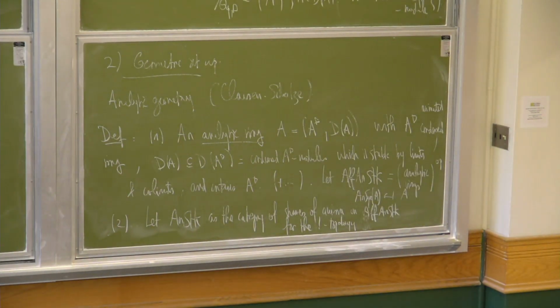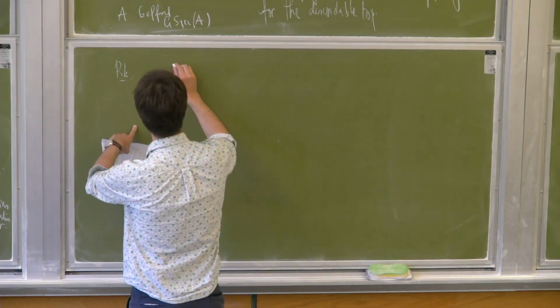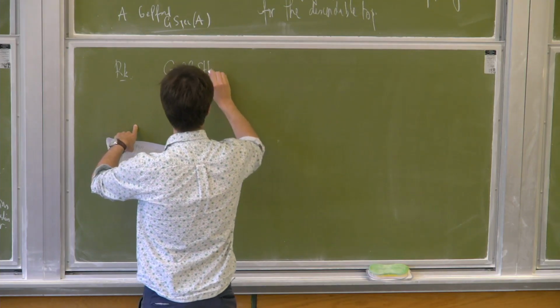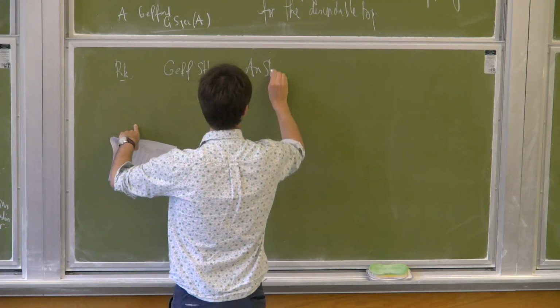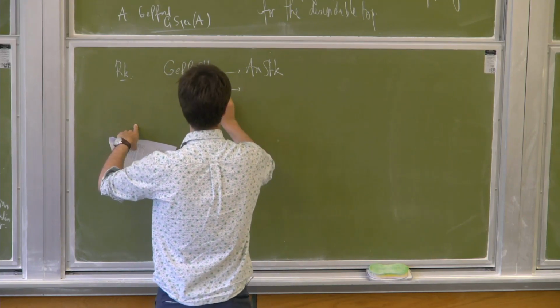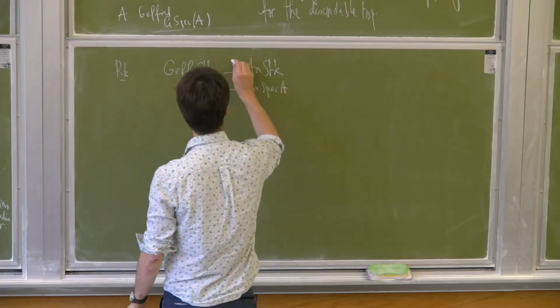And the condition of being Gelfand also only depends on the pi 0. So I was saying that there is a functor from Gelfand stacks to analytic stacks, which sends G spec A to An spec A, and it has a right adjoint.